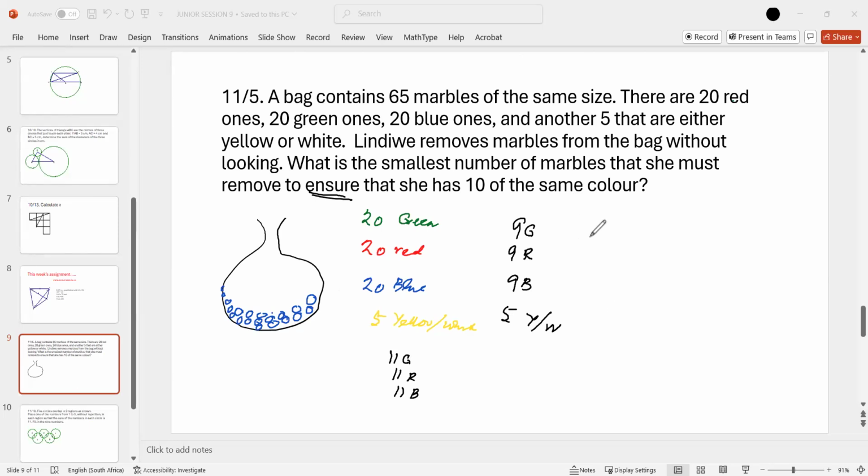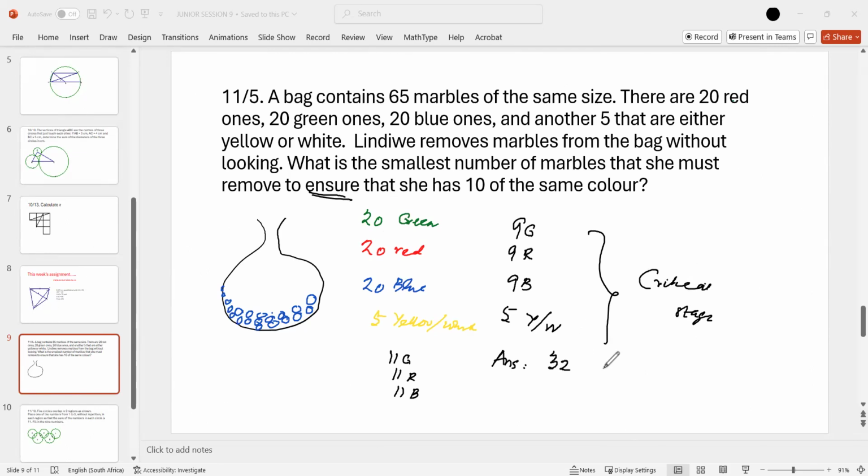So this is the critical stage. And after this, she needs one more to guarantee that she's got 10 of the same color. So the answer is, she draws 27 plus 5, which is 32.